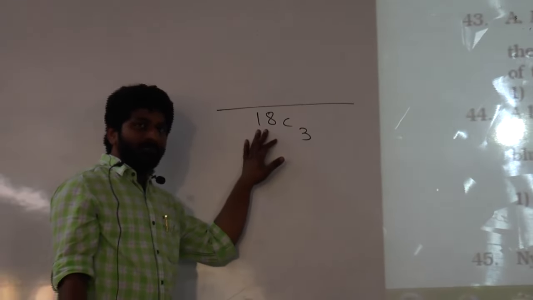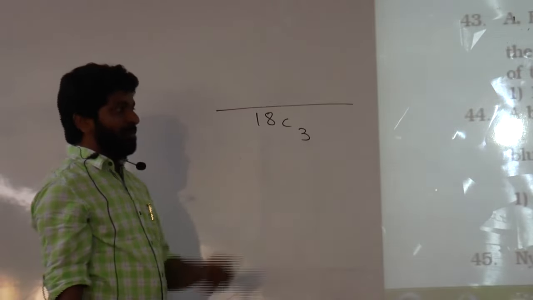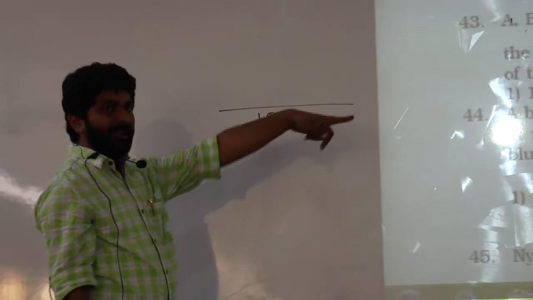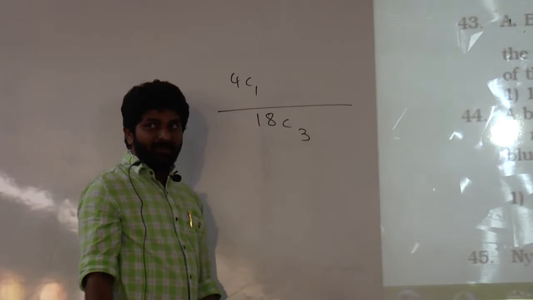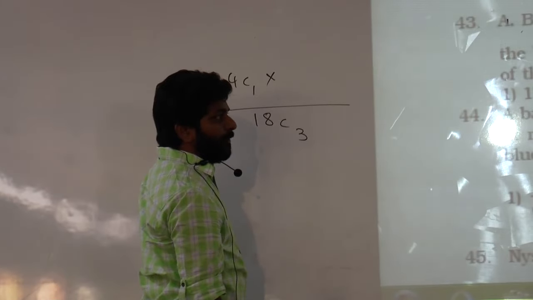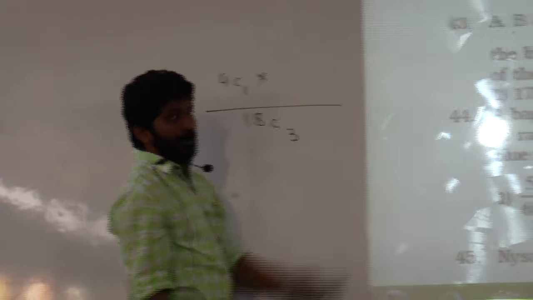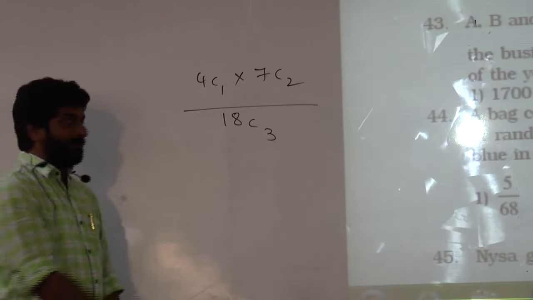So total number of outcomes becomes 18C3. Out of those 3 balls, 1 should be red. How many red balls we have? 4. And we are expecting 1 red ball. It can be done in 4C1 ways. And 2 should be blue. How many blue balls we have? 7. That can be done in 7C2 ways.